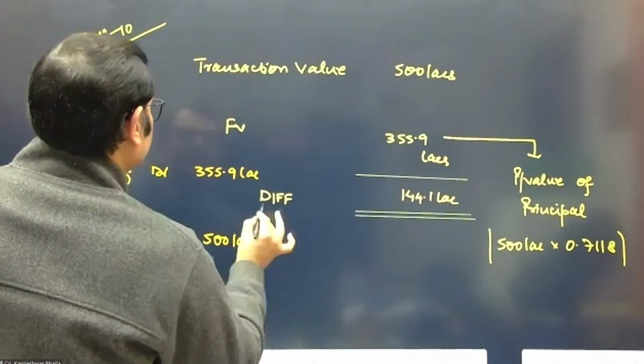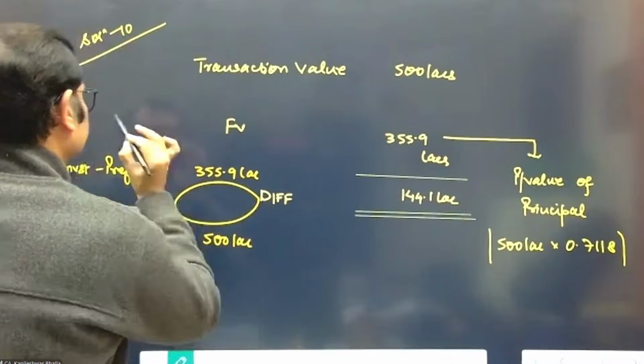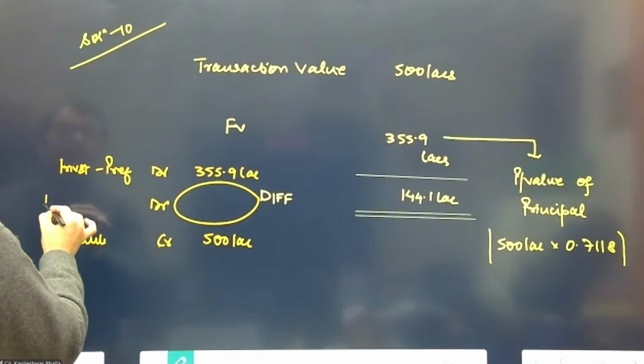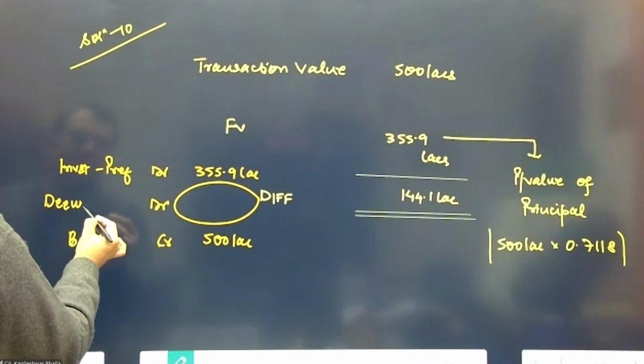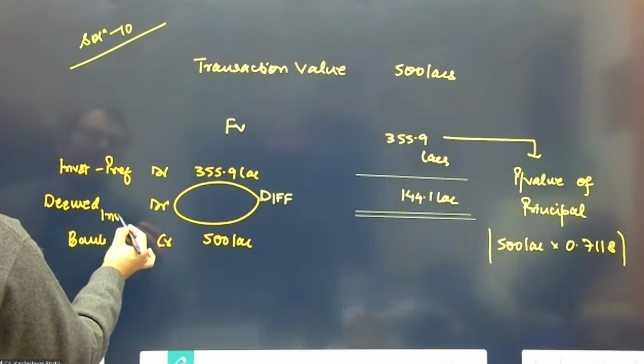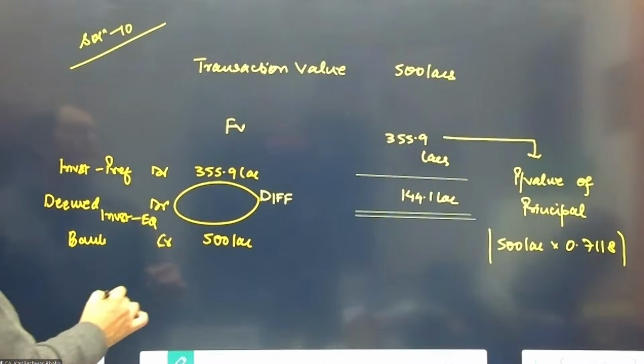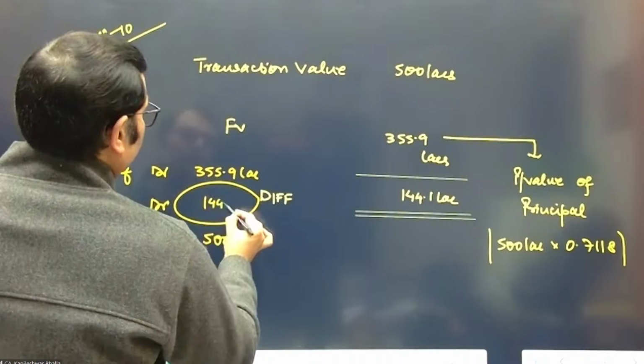And where do I take the difference in this entry? Deemed equity. That's right. It's not deemed equity, deemed investment. So it's going to be deemed investment in the equity of the company, and that's 144.1.